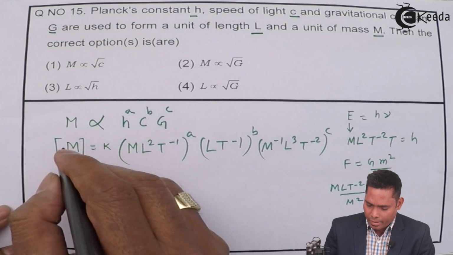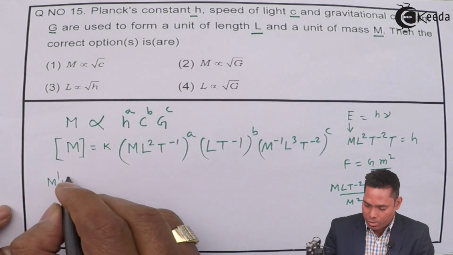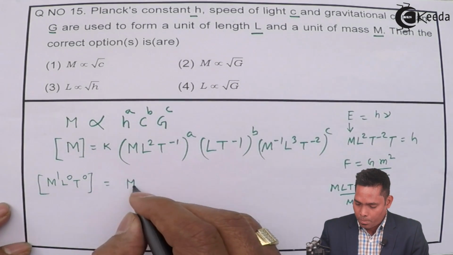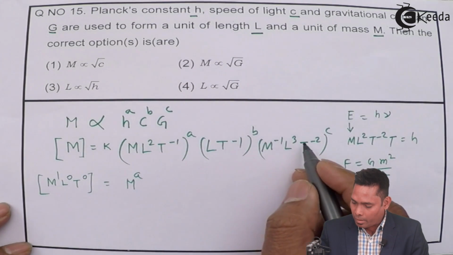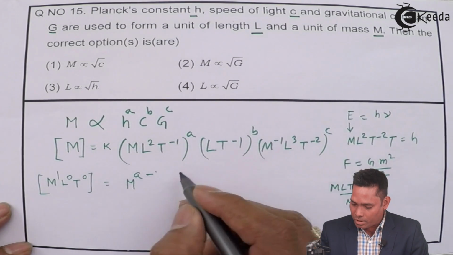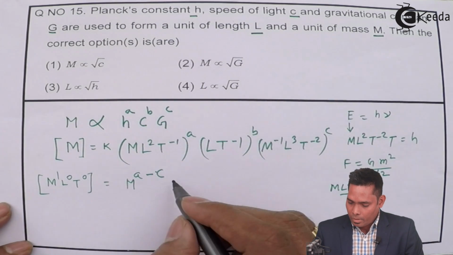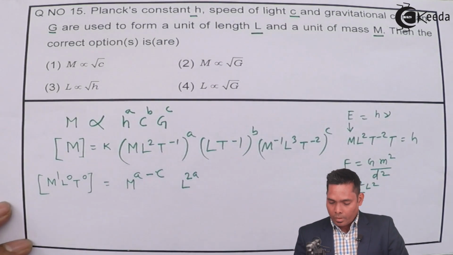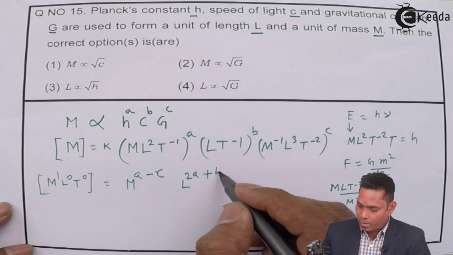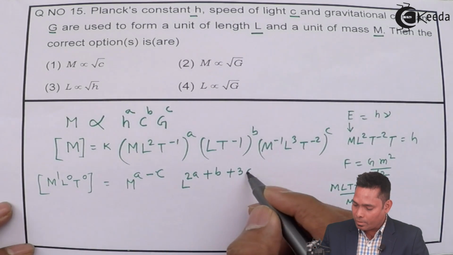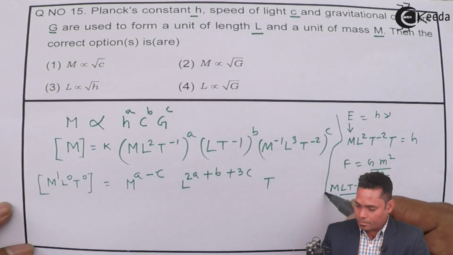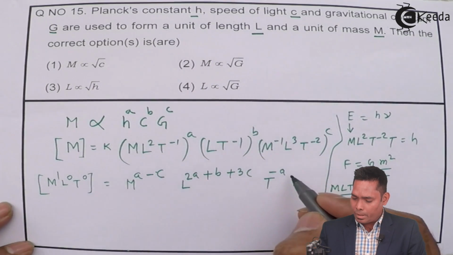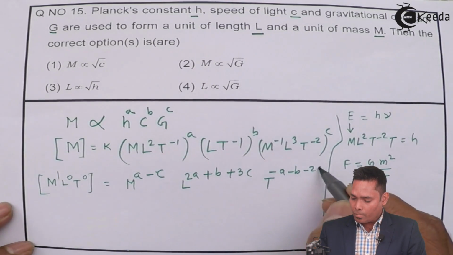You can write m to the power 1, L to the power 0, T to the power 0. That is, m to the power a minus c, L to the power 2a plus b plus 3c, and T to the power minus a minus b minus 2c.